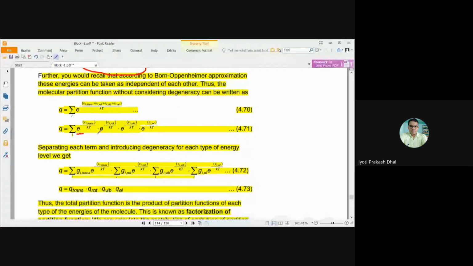Now separating each term and introducing the degeneracy, i translational.